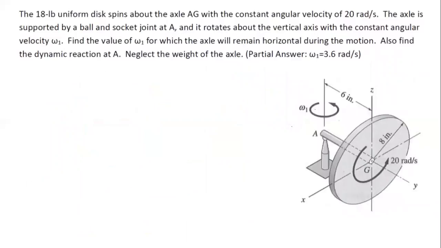Okay, so for this problem, we're going to start out and do the same type of thing, where we notice that it's not asking me for two different positions, and there's no impact or impulse applied or anything like that.